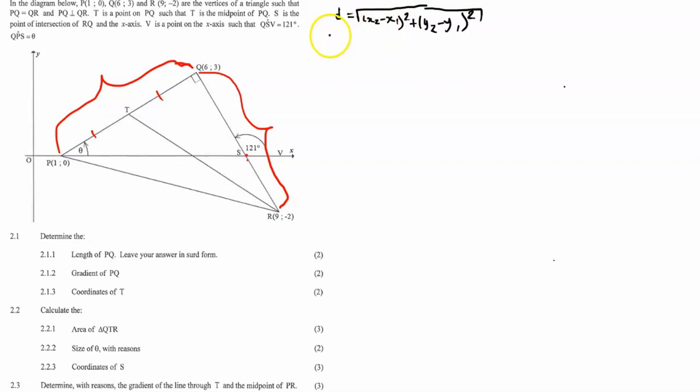So the distance of PQ is equal to the square root of the x of Q, that is 6, minus the x of P, which is 1, and then you square that, plus the y of Q, which is 3, minus the y of P, which is 0, and then we square that.